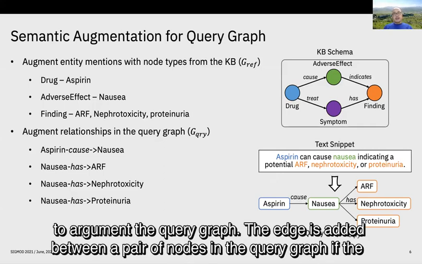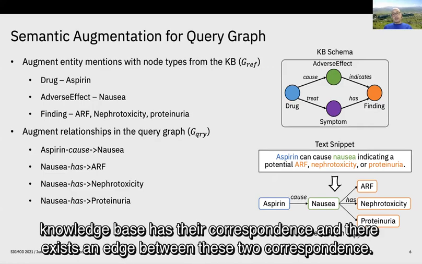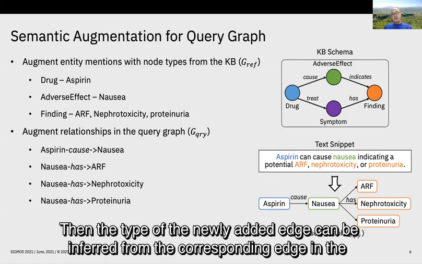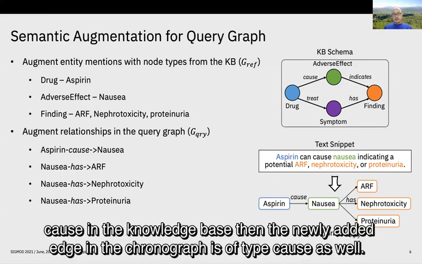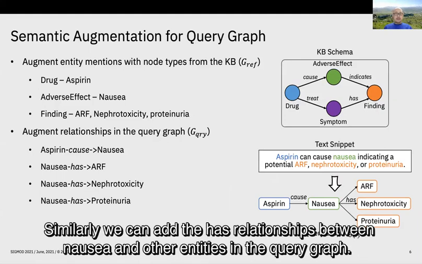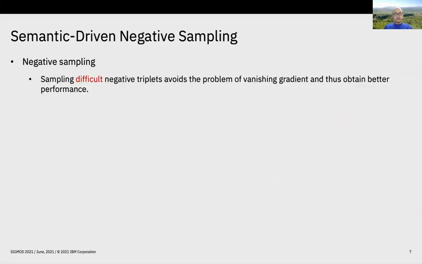An edge is added between a pair of nodes in the query graph if the knowledge base has their correspondence and there exists an edge between these two correspondences. Then the type of the newly added edge can be inferred from the corresponding edge in the knowledge base. For example, the nodes aspirin and nausea are connected by an edge of type cos in the knowledge base. Then the newly added edge in the query graph is of type cos as well. Similarly, we can add the has relationships between nausea and other entities in the query graph.